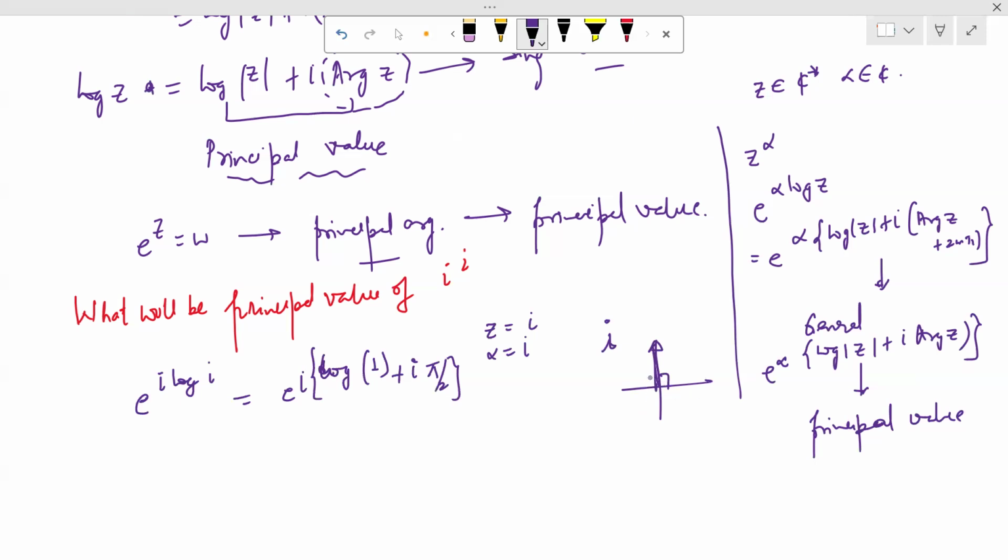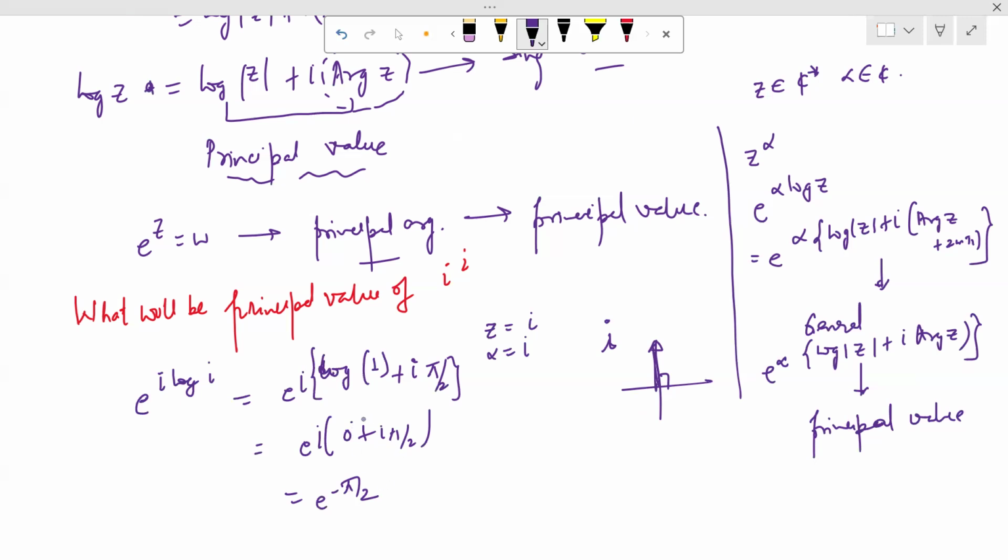So it will be e raised to power iota times log 1, which is 0, plus iota pi by 2. So it equals e raised to power minus pi by 2. So the principal value of iota raised to power iota is e raised to power minus pi by 2.